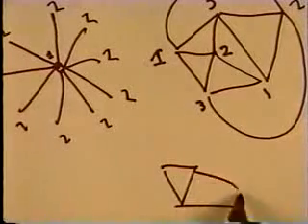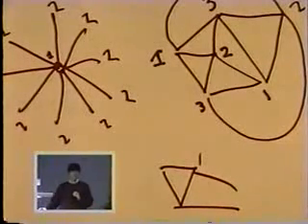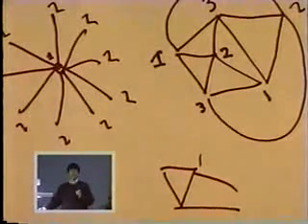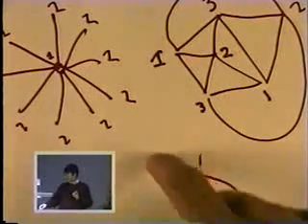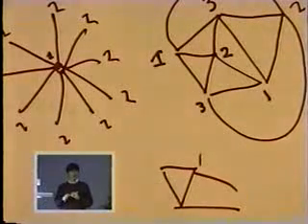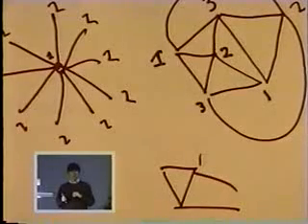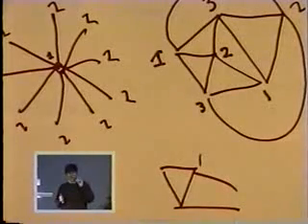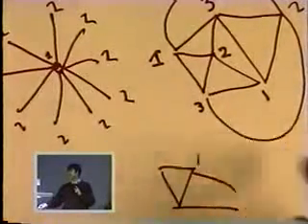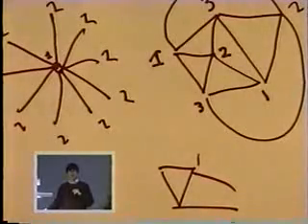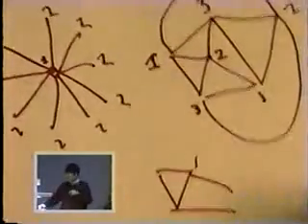If I add any extra edges or vertices, the amount of colors I need can't go down. If I'm forced to use 3 in a small part of the graph, then adding vertices and edges can only make it harder. So 3 is, we've just proven, necessary and sufficient for this graph. Any questions? Okay? Good.